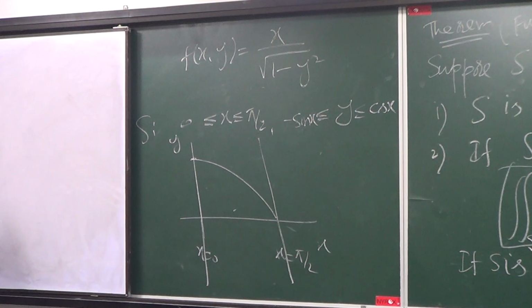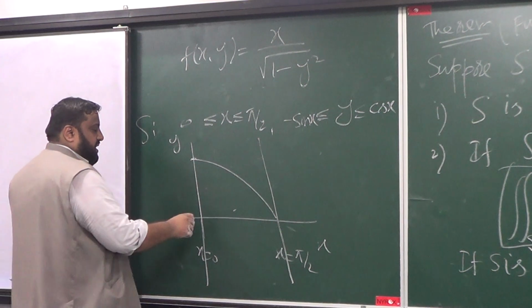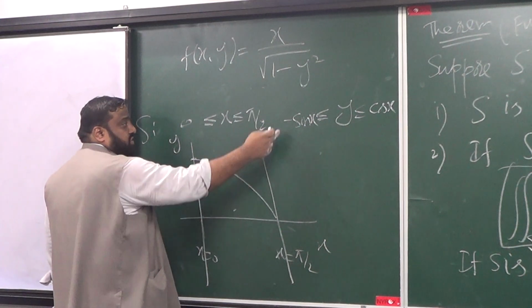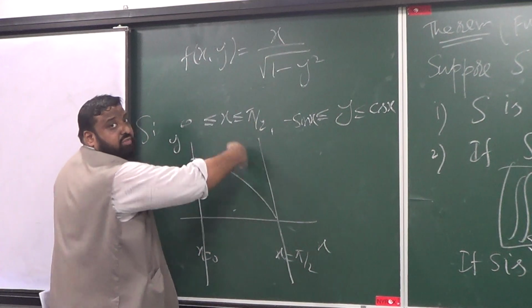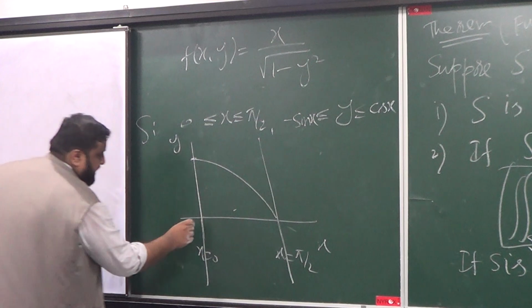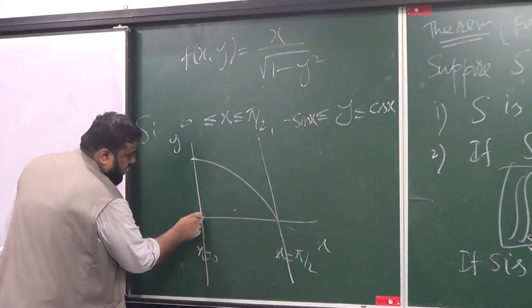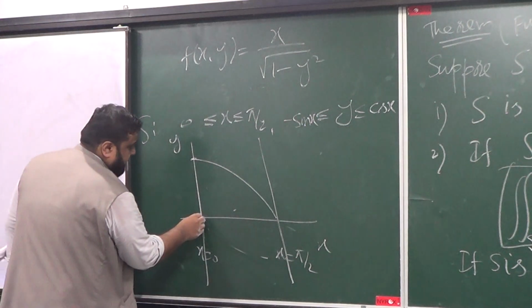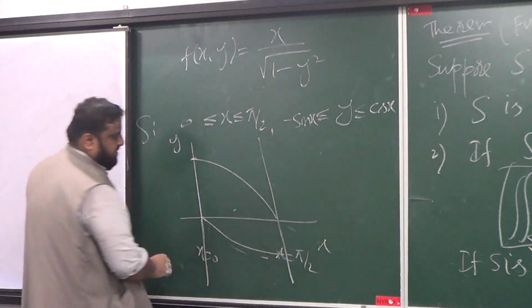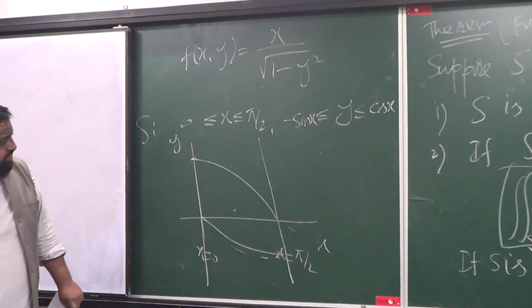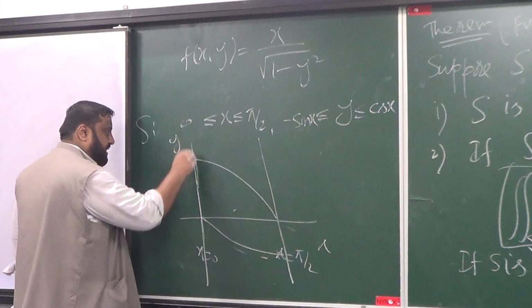And what would be the graph of minus sine x? 0 to minus 1. This graph is going to be something like that, but since you are multiplying by minus, you have to reflect it. So it would somehow look like this. It's not really precise. So I'm talking about this region.